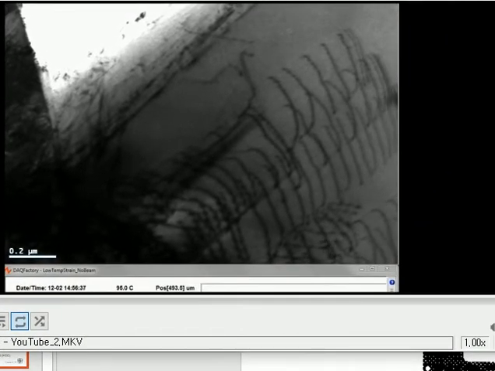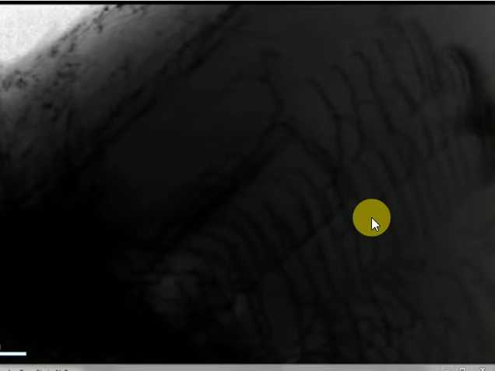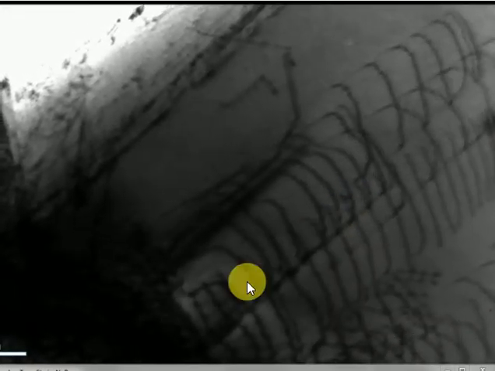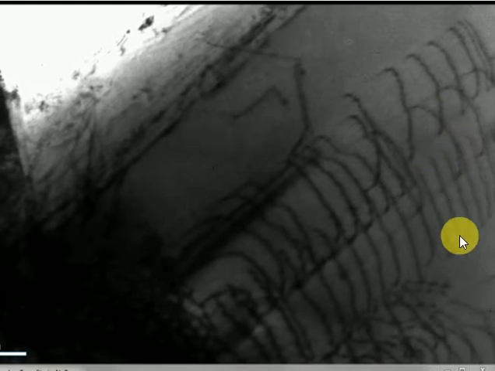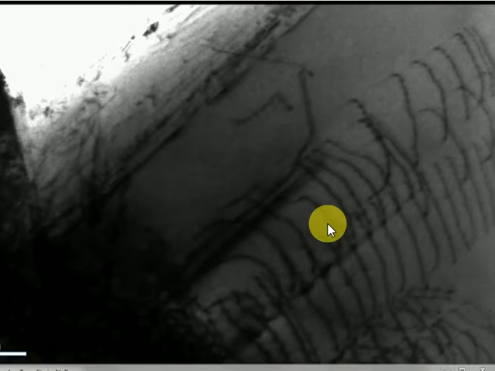So here in this video you can see these lines are the dislocations actually. This is a very controlled experiment in which the stress is applied in this direction. These lines are actually the dislocations, and the movement of these lines represents the movement of atoms, or the movement of dislocations.